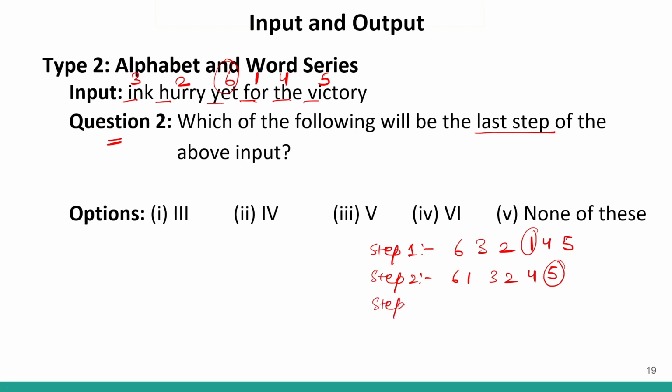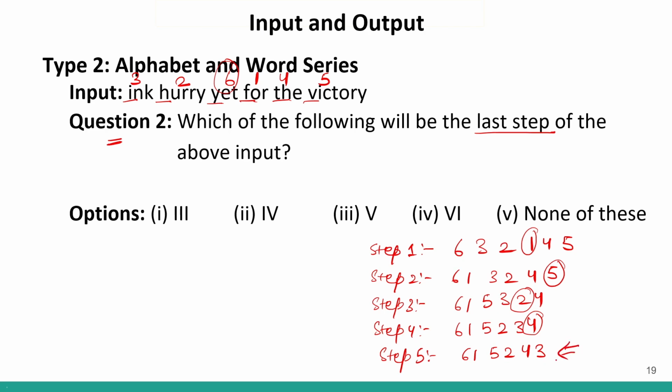So step 3 will be 6, 1, 5, then 3, 2, 4. Then we will take the lowest one. The lowest one is 2. So step 4 will be 6, 1, 5, 2, 3, 4. Correct? And then we will take the highest one, which is 4, to get step 5, which is 6, 1, 5, 2, 4, 3.